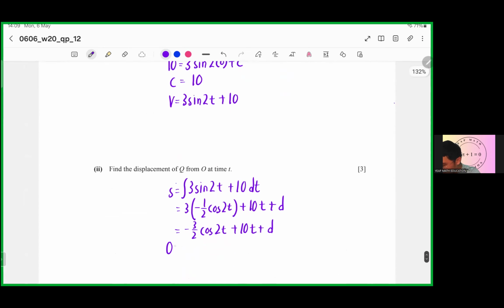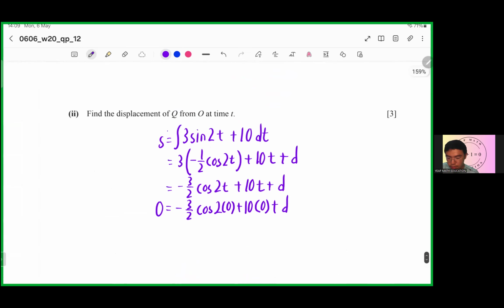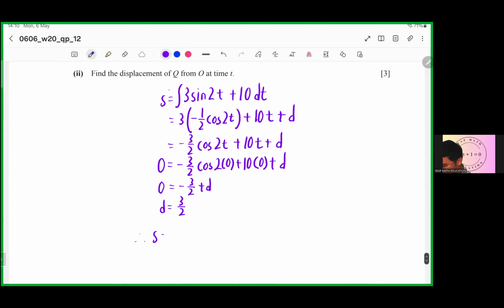Now I write 0 equals negative 3 over 2 cos 0 plus 10 times 0 plus the constant. So 0 equals negative 3 over 2 plus the constant, so the constant equals 3 over 2. So the displacement of Q is negative 3 over 2 cos 2t plus 10t plus 3 over 2.